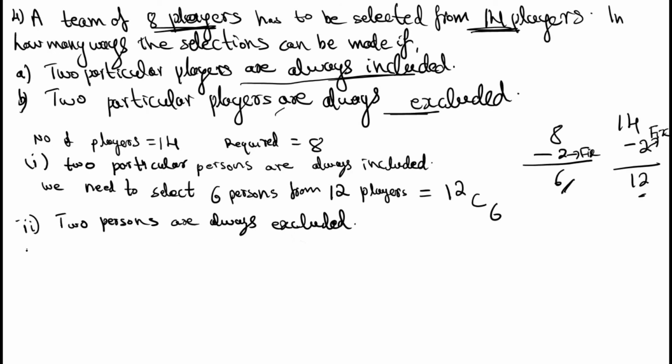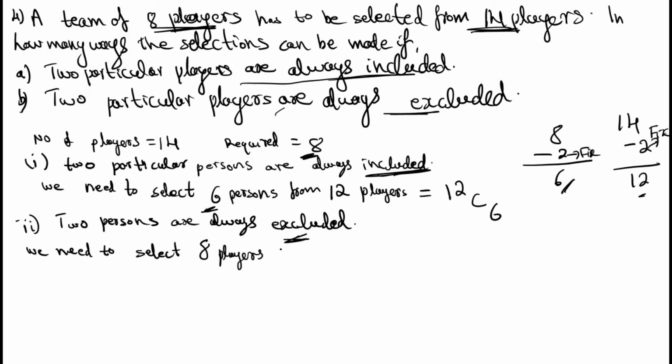See, we need to select how many members? 8 members only, right? Because team required number is equal to 8. In the previous case, we need to select only 6 because 2 persons are already included. But here, excluded is given. That means we need to select a team of 8 players.